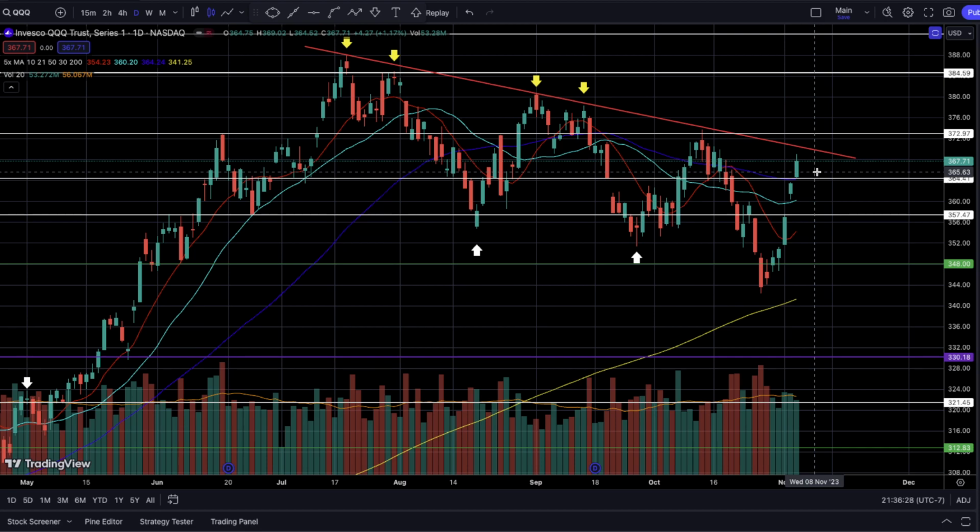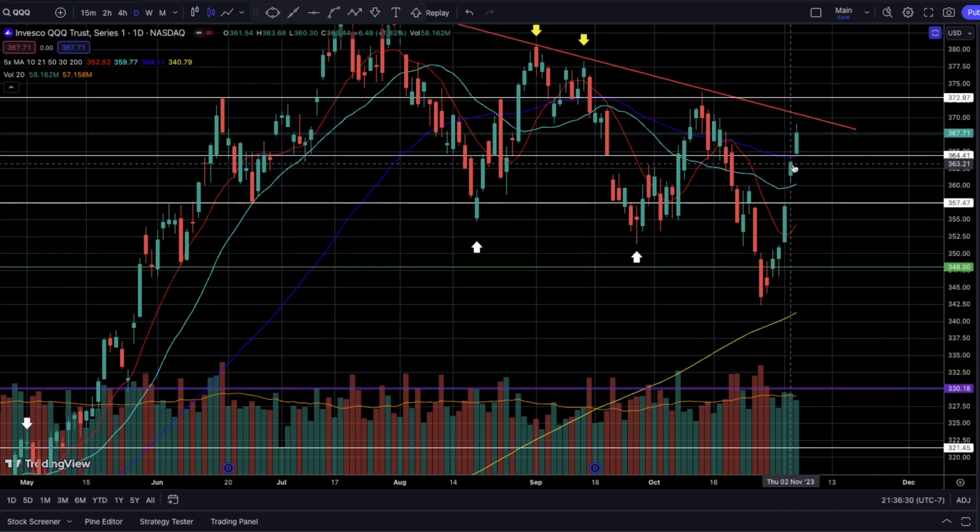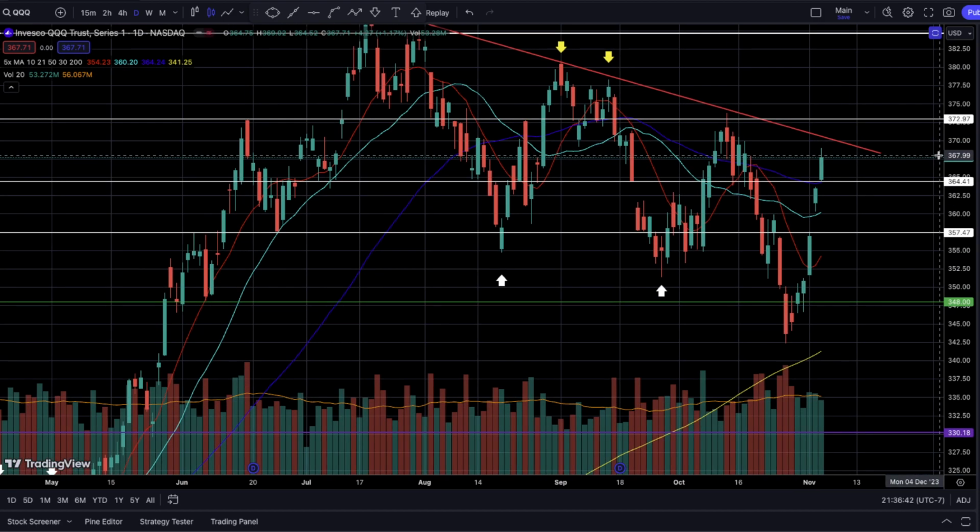So if this doesn't want to fill in the gap, especially from last Wednesday to Thursday, which was the first gap up that we saw in the S&P 500 as well, then that's probably just normal for NASDAQ. But again, this is also needing a very good healthy pullback.